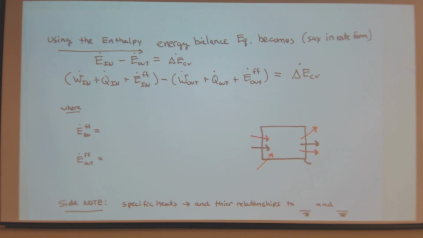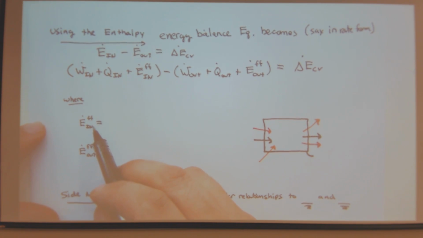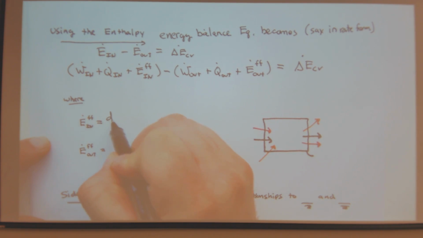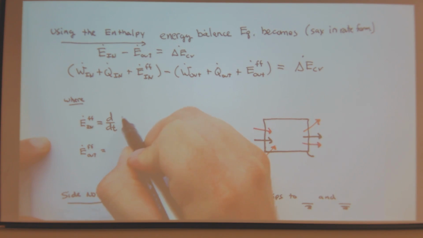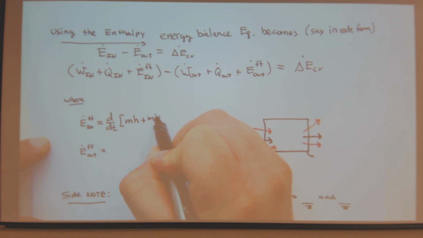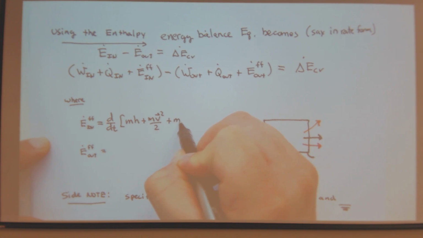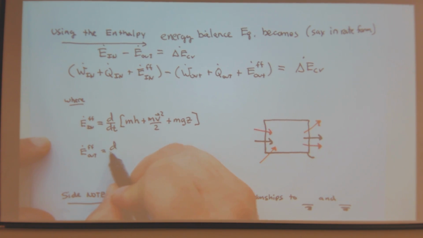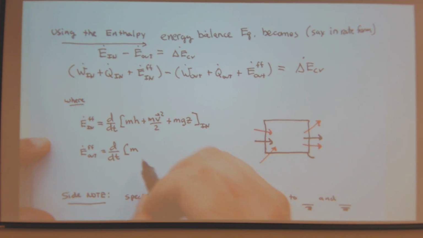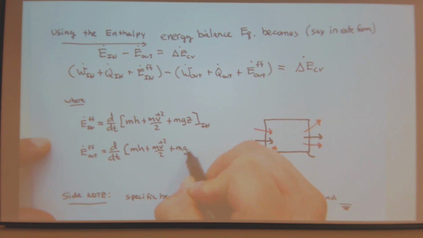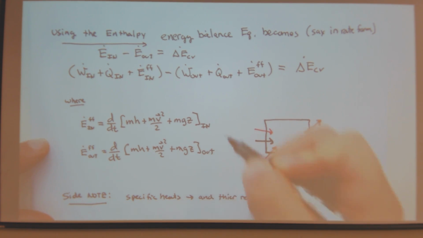So in this regard, I have delta E of flowing fluid in equals d/dt of mh plus mv squared over 2 plus mgz, and the same d/dt of mh plus mv squared over 2 plus mgz out.